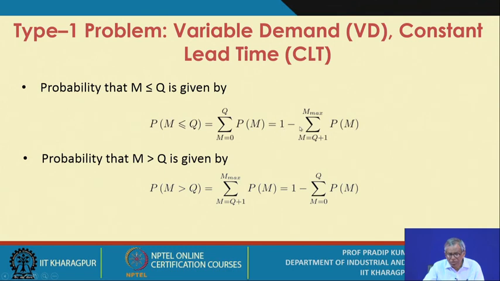So this is 1 minus the sum from M equals Q plus 1 to M max of PM. Obviously the sum from M equals 0 to M max of PM will be 1, right.